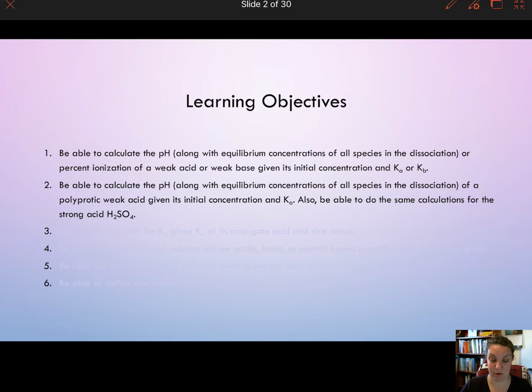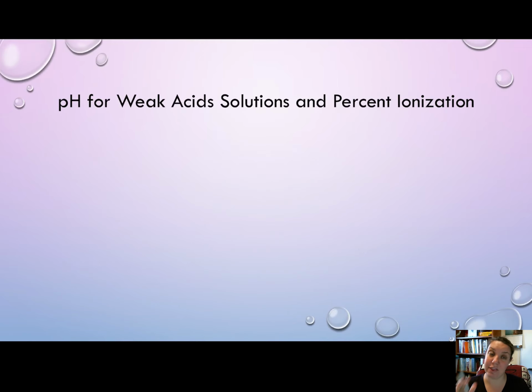So let's go ahead and get started at looking at the pH of a weak acid solution and looking at the percent ionization of that weak acid. So when we are given a Ka and we're asked to solve for pH, we need to do this in the same way that we calculated other K expressions using an ICE table.